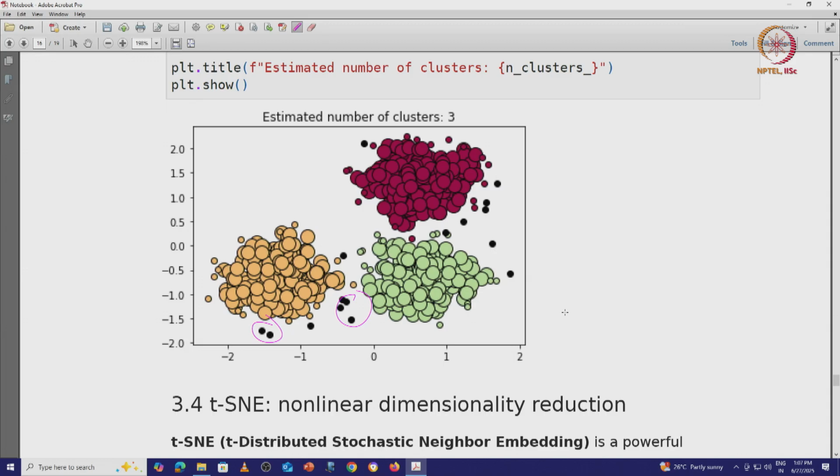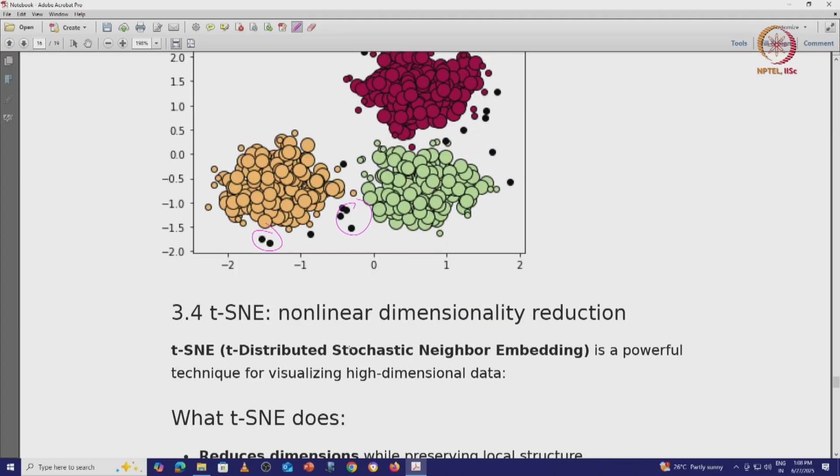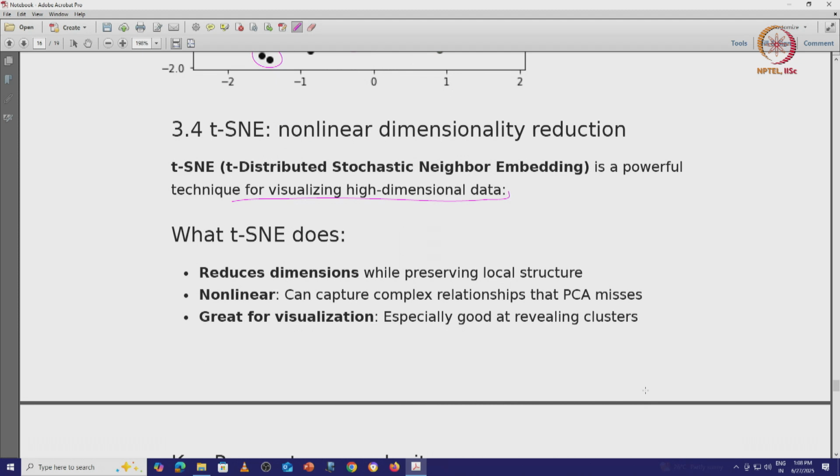We will now move to nonlinear dimensionality reduction, and if you remember in the class we had looked at two different algorithms. One was t-distributed stochastic neighbor embedding and one was UMAP. So first let's get started with t-SNE. This is a powerful technique for visualizing high dimensional data, and it projects it into lower dimensions, right, and t-SNE reduces the number of dimensions while preserving the local structure.